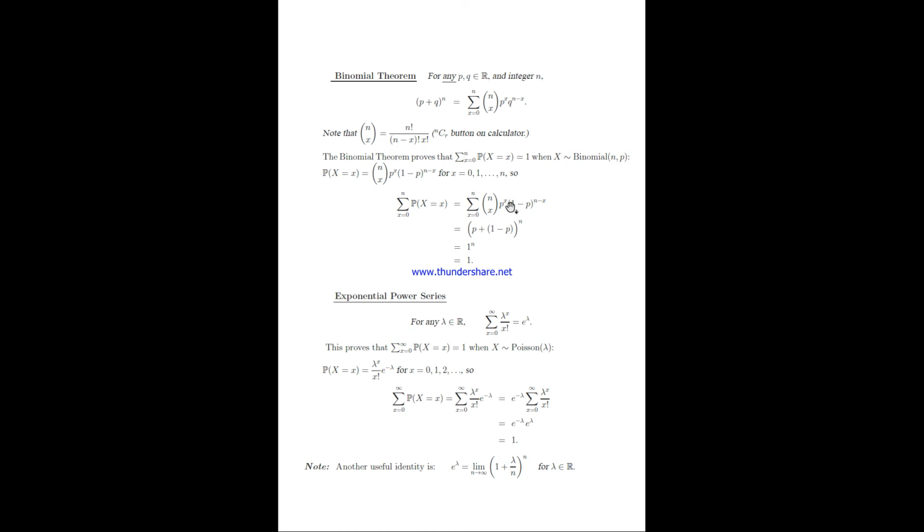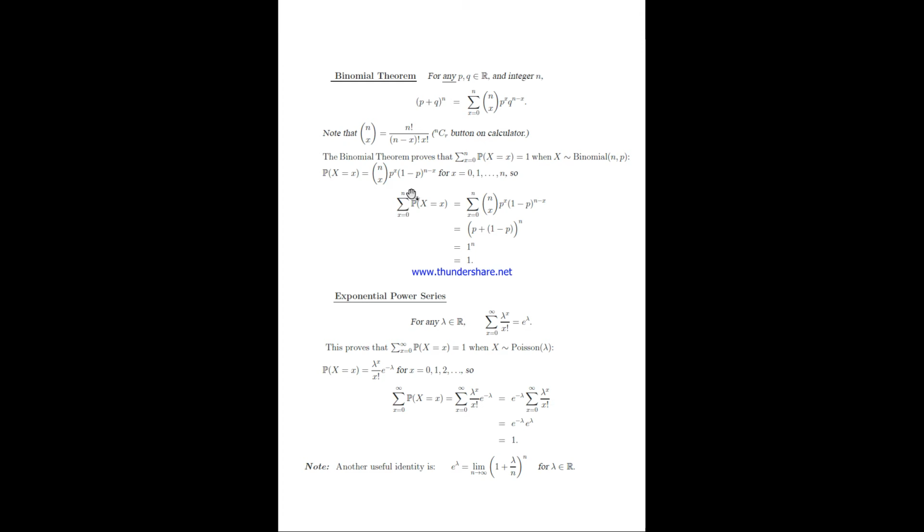So you can just replace this whole term as (p plus q) to power n. Here your p is the same as p and your q is now 1 minus p. So you can put (p plus 1 minus p) to power n. So p will cancel out, then you have 1 to power n, which is finally simplified to 1.